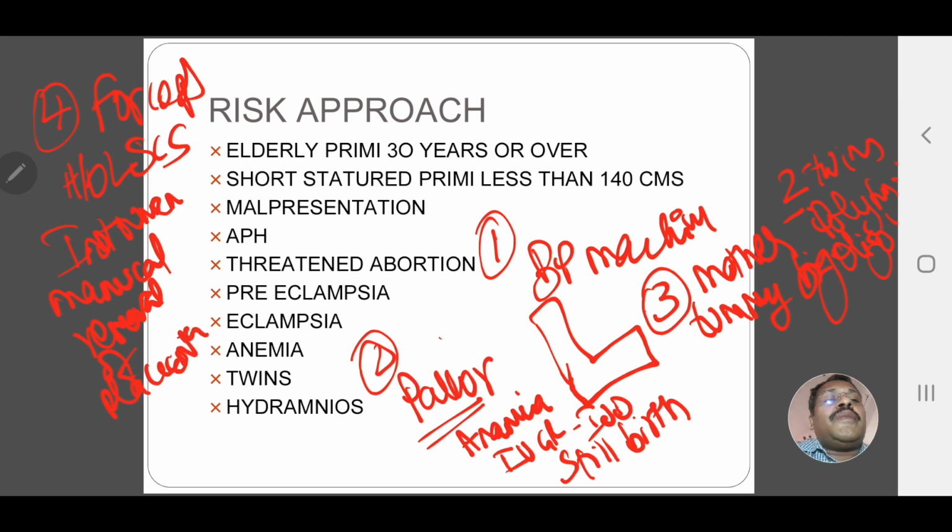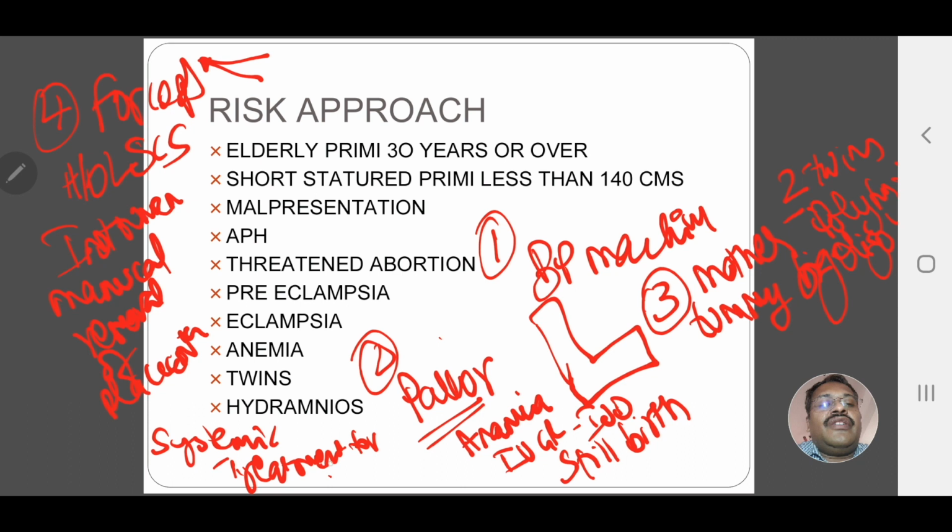So if you remember the picture of the forceps, you can remember these points. And then the last one is the systemic disorders like hypertension, diabetes and other things. And another one is treatment for infertility and abortion. So these are all examples for high risk mother.